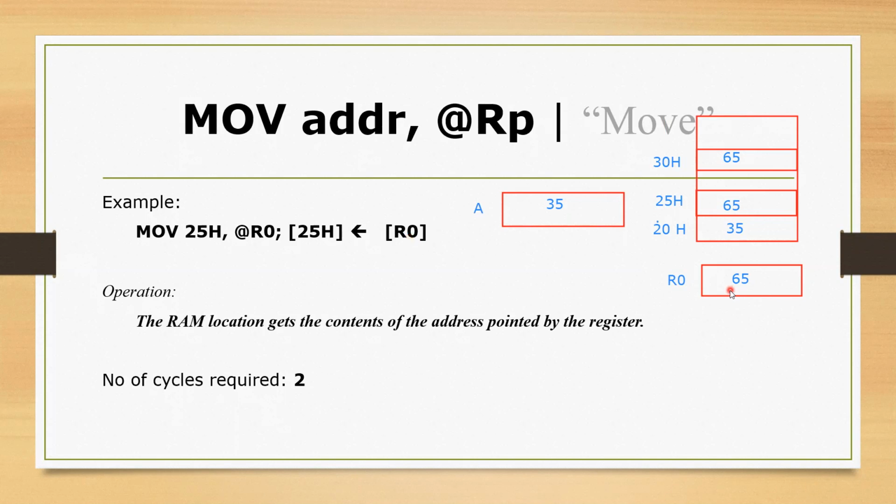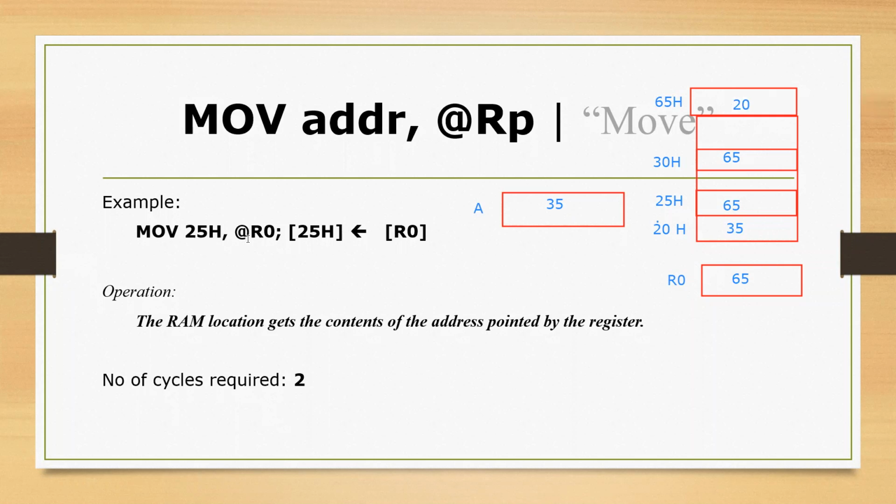Here the R0 register is pointing to the memory location 65 hex, which contains some value, 20.